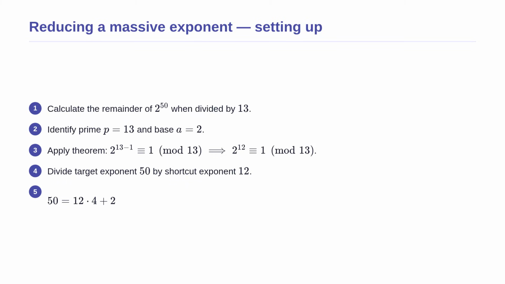The theorem states that 2 to the power of 12 will be congruent to 1 modulo 13. We will use this fact as a mathematical scalpel to cut down the massive exponent 50. We divide 50 by our shortcut exponent 12. Doing this division, we find that 12 goes into 50 exactly 4 times, leaving a remainder of 2.